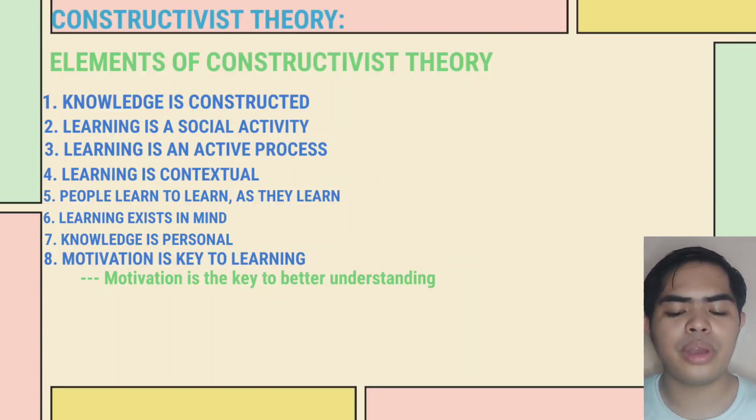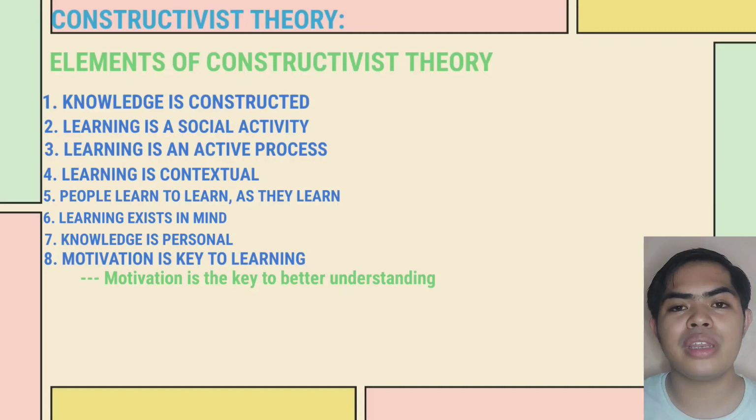We cannot learn if we are unwilling to reflect on pre-existing knowledge and activate our thought process. The best example for that is when preparing for the board exam. You want to study, so you are motivated to study, and you will learn more if you are motivated to study. But if you are forced to study, of course you will not learn anything because you are not motivated.